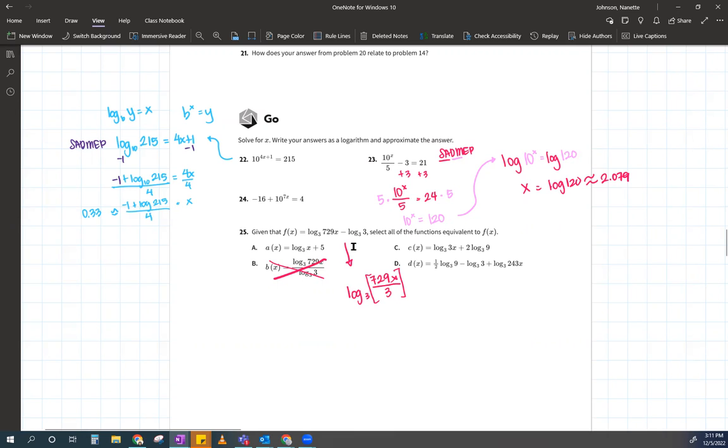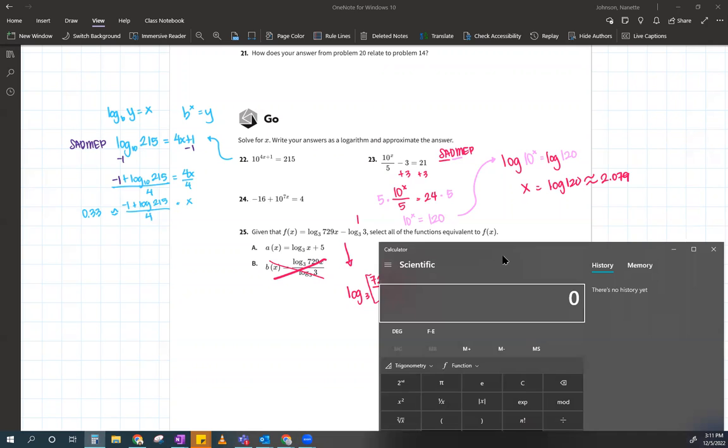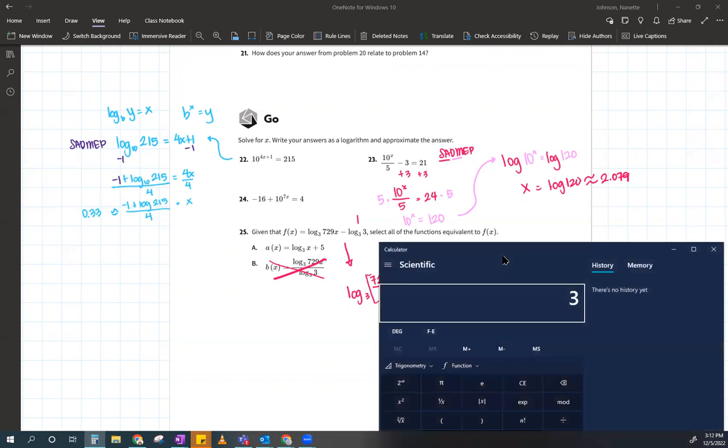So that helped me with that. I do recognize this one, log base 3 of 3 is 1. So that's just 1 right here. And 729 seems like it's a power of 3. So I'm going to play with my calculator to try to get me to 729. I already know 3 cubed is 27.